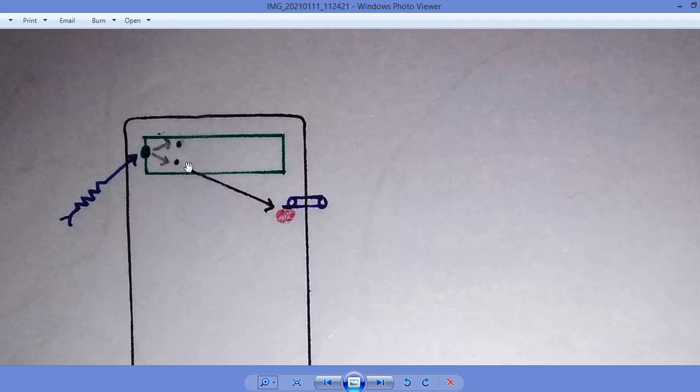But when the opsin activates an enzyme, and that enzyme breaks down the cGMP, then the cGMP is not able to maintain this channel open. So the channel is closed. When the channel is closed, there is no influx of sodium from outside to inside, and eventually the inside of the rod or the cone becomes less positive and more negative.